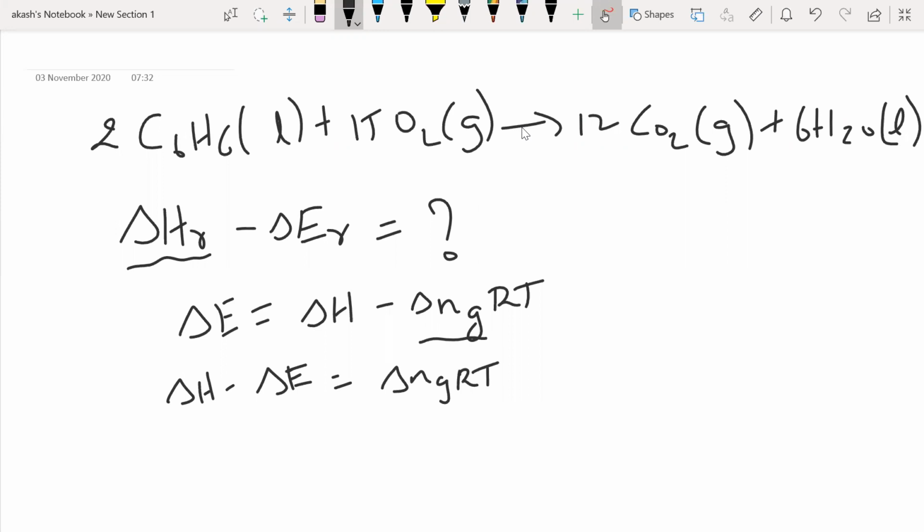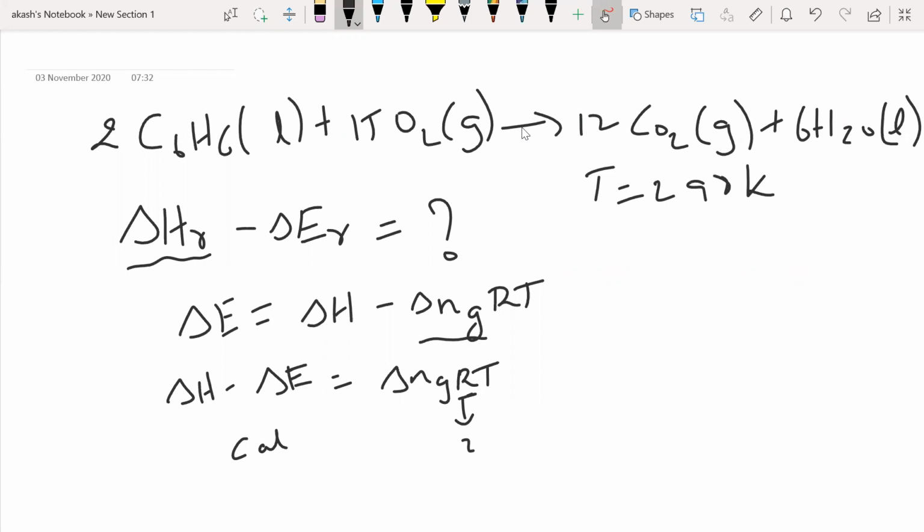That's it. Now I want the answer in terms of calories. So what should be the R value? Yes, 2. Just use the R value as 2 and tell me the answer. The temperature they have given is 298 Kelvin.